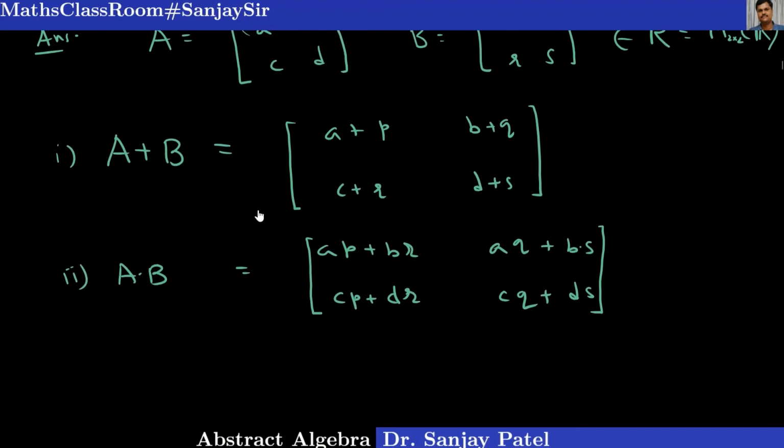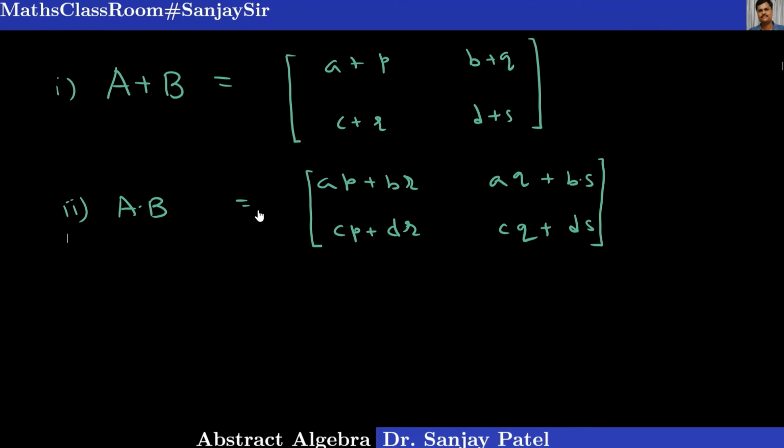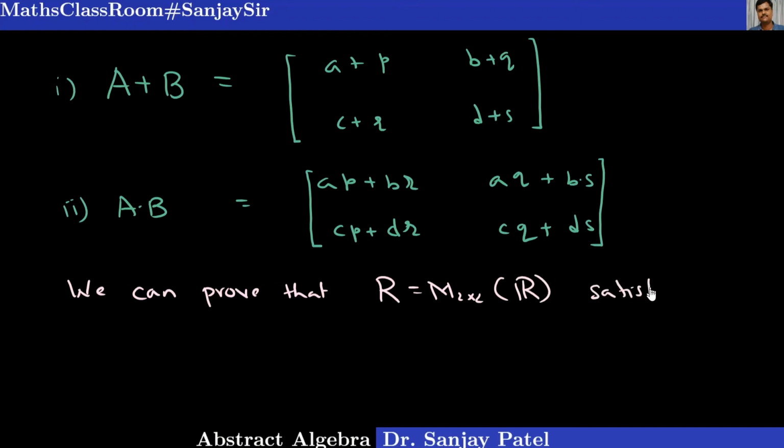And for these operations, you can check all the conditions; I leave it to you. Here I will discuss only the main points. Then we can prove that the set M2 cross 2 R satisfies all the conditions of a ring.